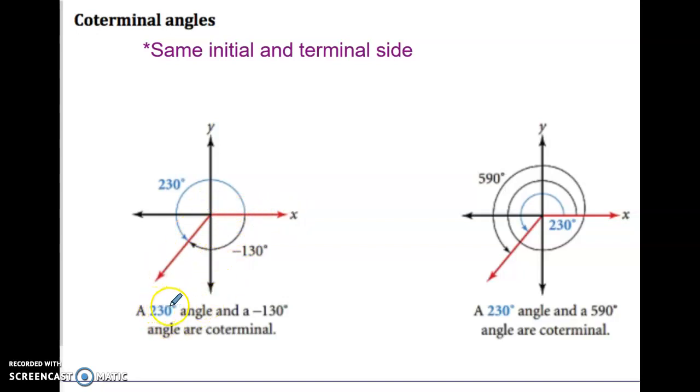So 230 degrees positive and negative 130 degrees are called coterminal angles. You could also have them both be positive. If you had 230 degrees all the way over here, or if you went all the way around plus another 230, 230 and 590 are coterminal.